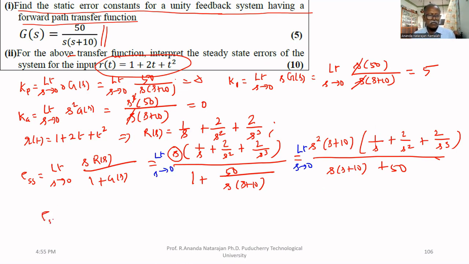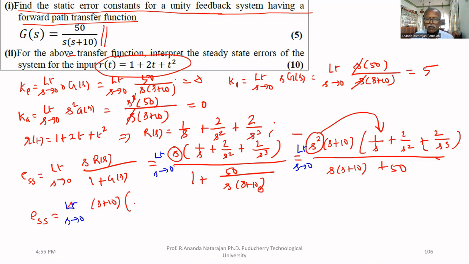Therefore, e steady state equal to, if you bring this s square inside, what you will get is limit s tends to 0, (s plus 10) multiplied by (s plus 2 plus 2 by s), with s in the denominator, divided by (s plus 10) multiplied by (s plus 50).